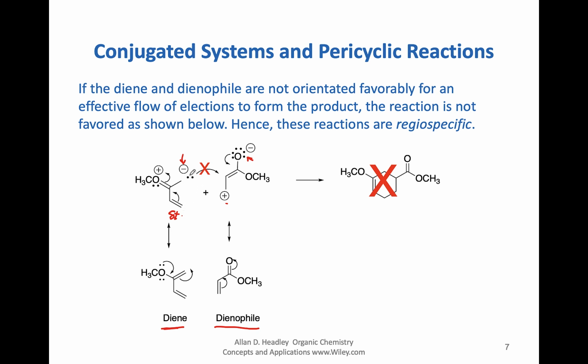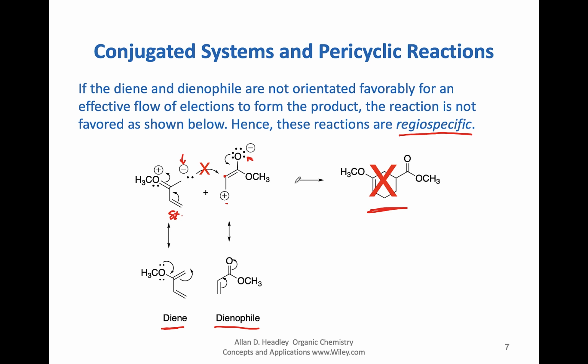This is negative, and as you can see, when these electrons come back in, this makes this carbon here negative, so that is not very favorable. So this product here will not form, or if it forms, will be in a minor quantity. That is why we say that these reactions are regiospecific, because they react at specific regions of the molecule.